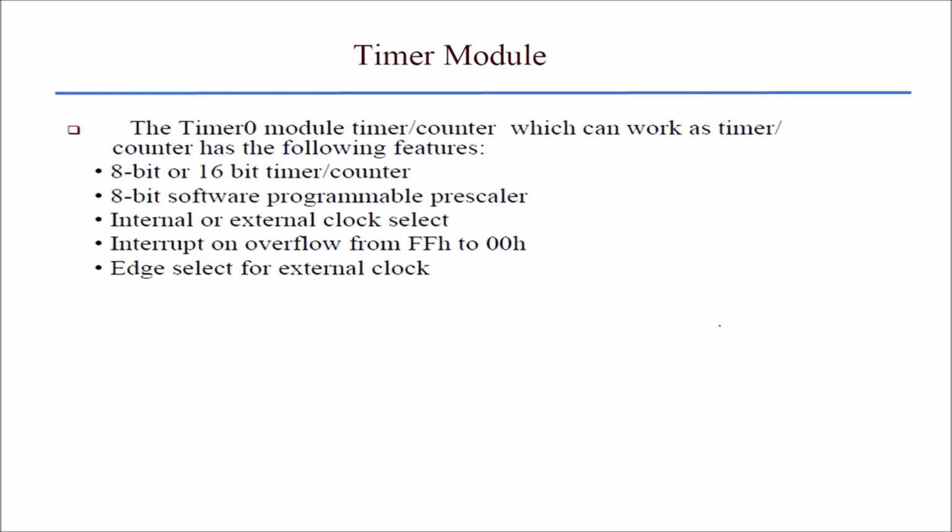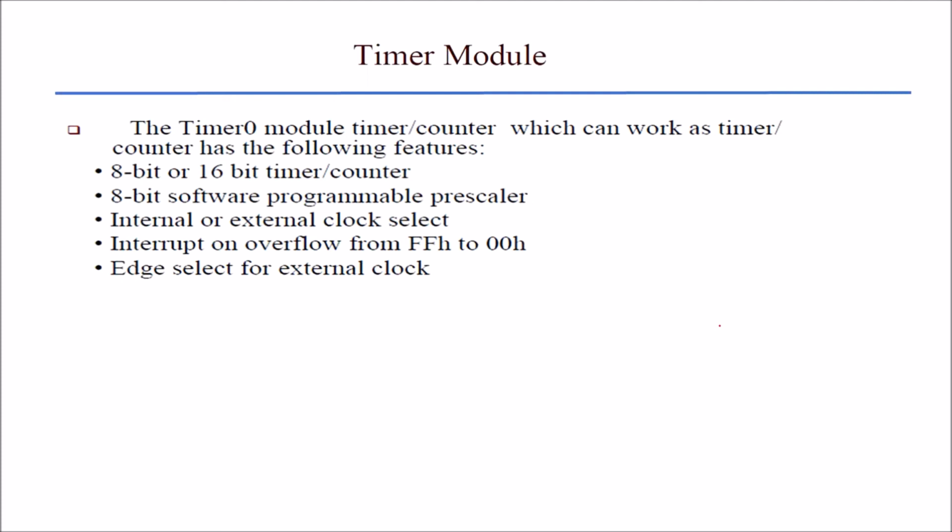The timer 0 module can be used as a timer as well as a counter, and there are 8-bit or 16-bit timer counter modes. An 8-bit software programmable prescaler is available. That means we can divide a frequency and then it is given to the timer module. Internal or external clock select option is also available.